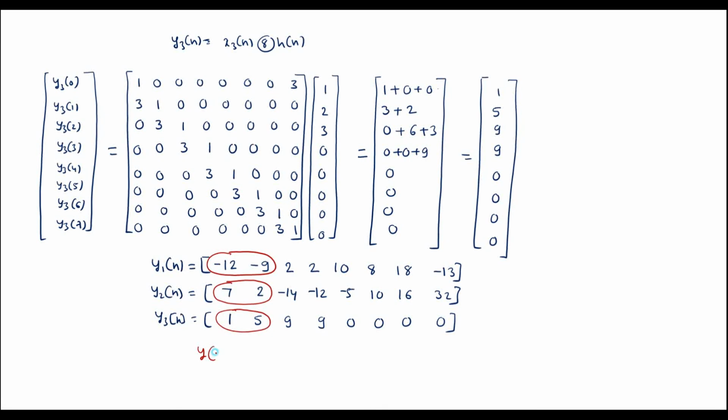Now I can write y of n is equal to the remaining values we are supposed to write, that is 2, 2, 10, 8, 18, minus 13, then it begins with this, that is minus 14, minus 12, we have minus 5, 10, 16, 32, then it begins with 9 and 9. It's y of n.